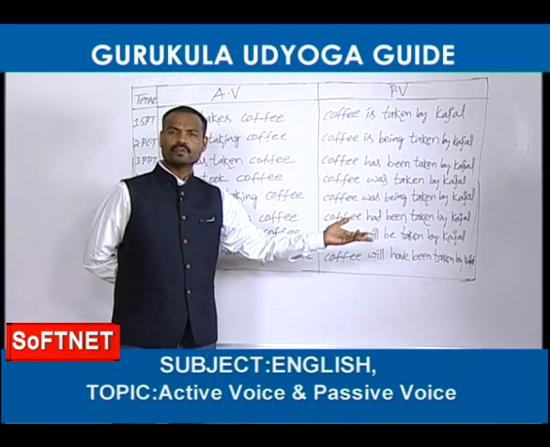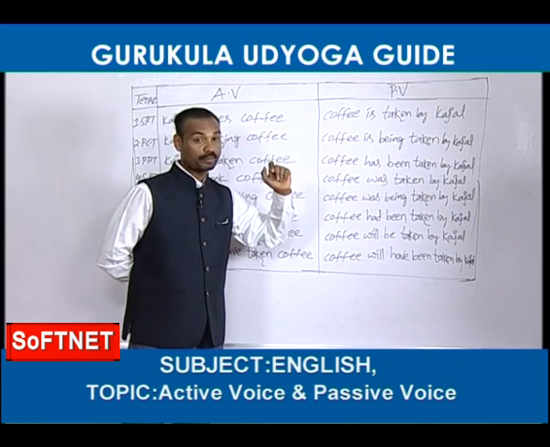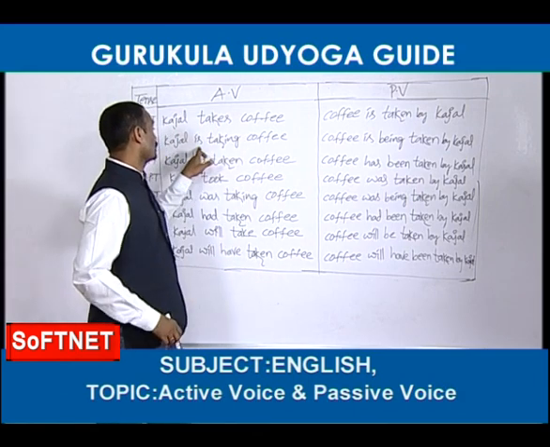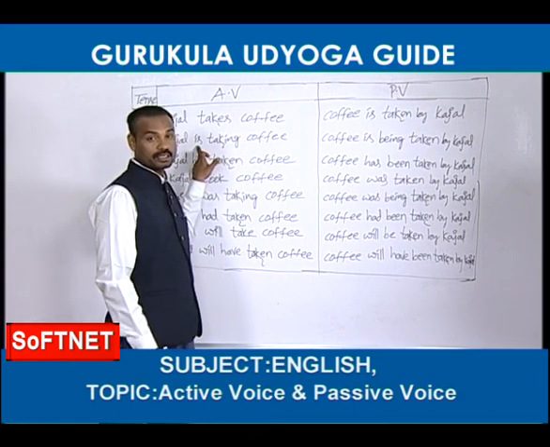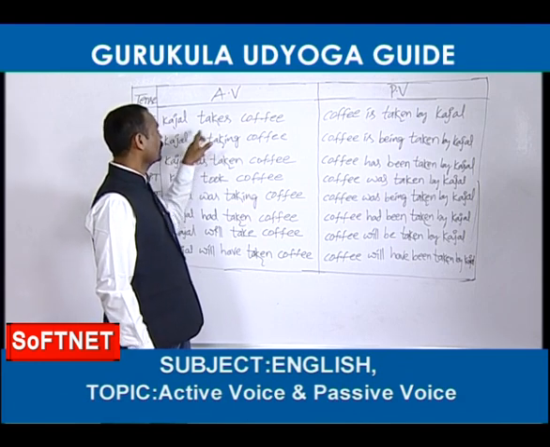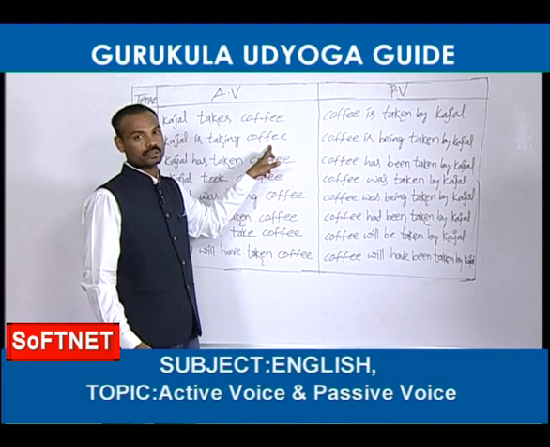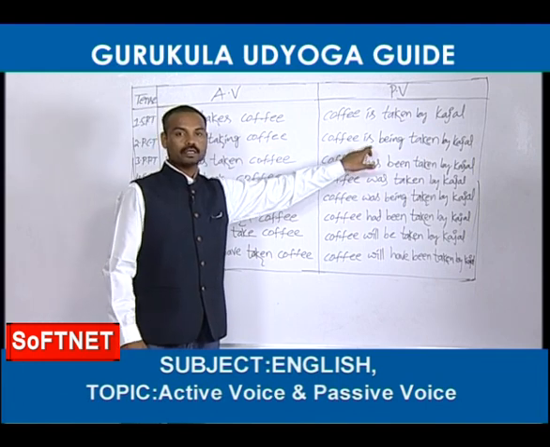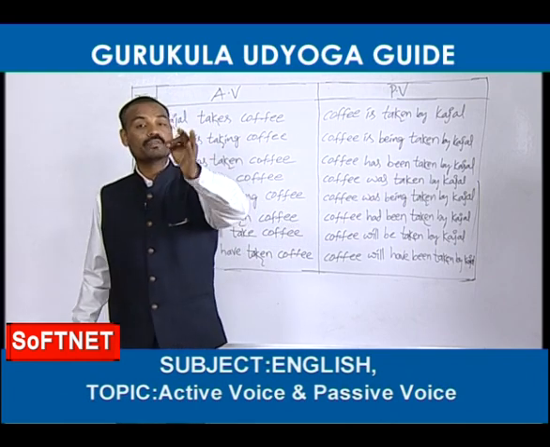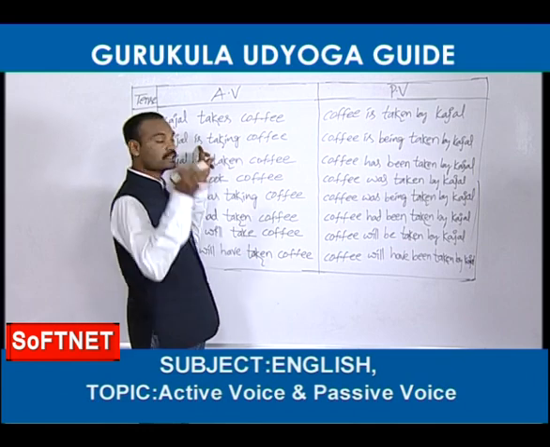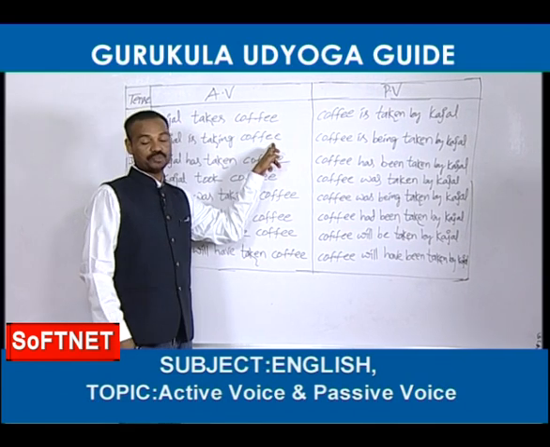Whenever they give helping verb in the active voice, we can take, but blindly we should not take. See, what helping verb is given, we should see once. If they give singular helping verb, there should be singular object. Then we can take as it is. Sometimes they will give us singular helping verb, plural object.